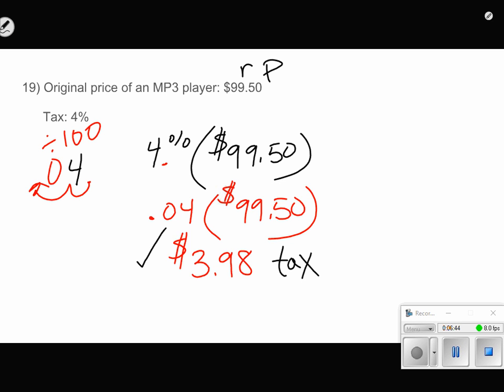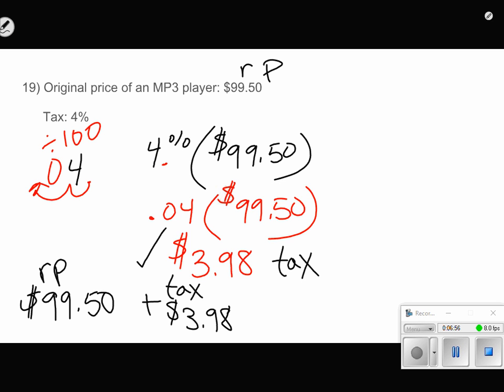So to find the total you pay, you take your retail price of $99.50. You're adding on the tax because the tax is an extra fee you're going to pay to the government. Then I'm going to type in $99.50 plus $3.98 to get my total that I will pay.